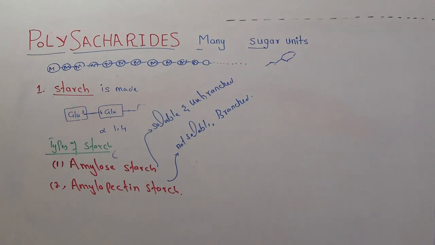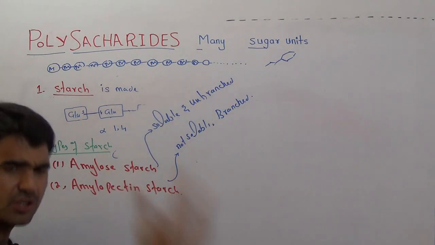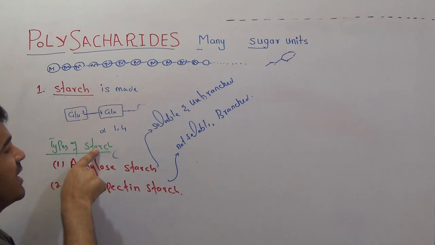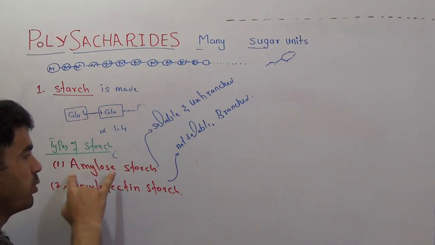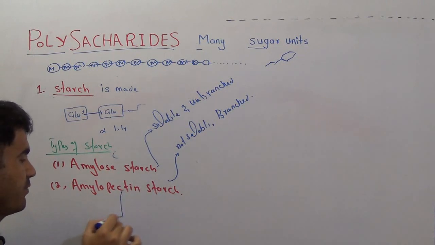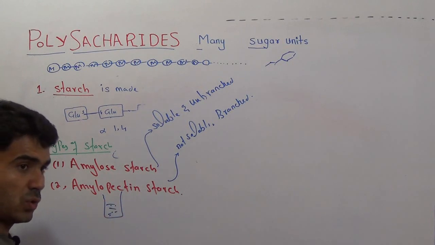It is branched. And if you look at the percentage, if you take starch from any shop, from any distributor, inside that starch you will find both amylose as well as amylopectin. So take a beaker that has starch in it.